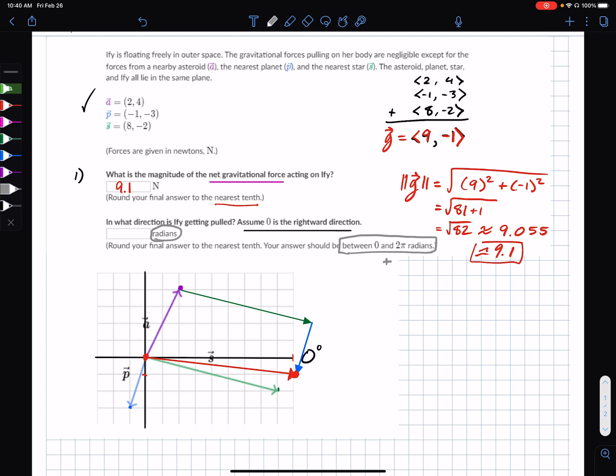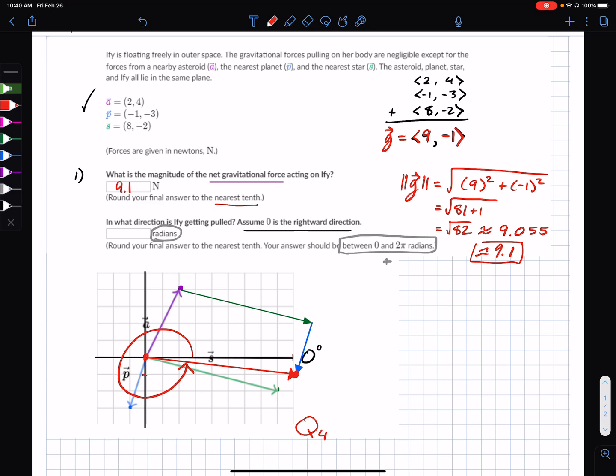So I say that because if you look at the angle that first meets your eye, it's this negative angle below 0 in the fourth quadrant. But what we have to do is get to the fourth quadrant the other way. We want to go all the way around and find out what that angle is. So in what direction is Iffy getting pulled?